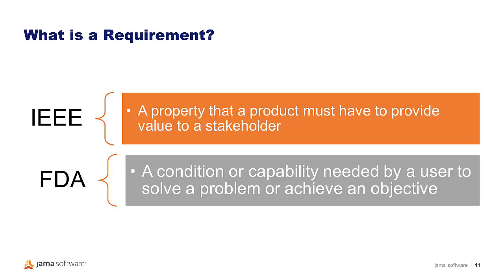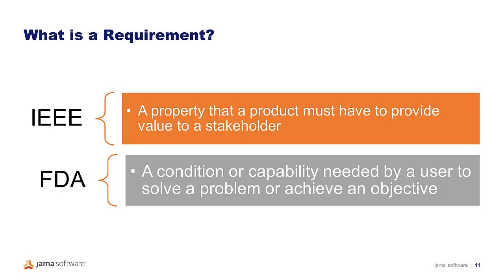So what is a requirement? For IEEE, a requirement is a property that a product must have to provide value to a stakeholder. That's the IEEE definition. The FDA definition is a condition or capability needed by a user to solve a problem or achieve an objective. So a couple of key items here is something that is needed by somebody, right?